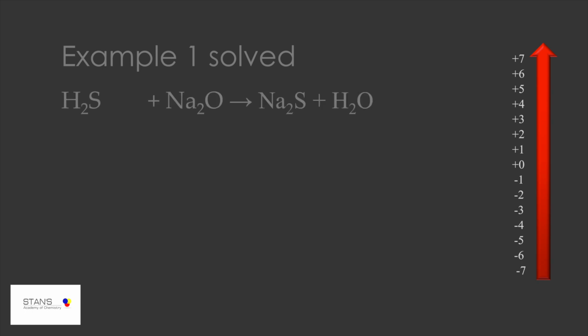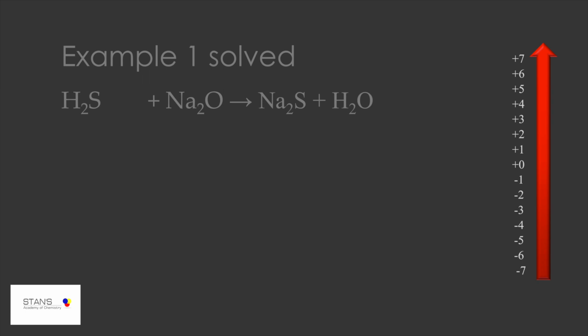For the reaction between hydrogen sulfide and sodium oxide producing sodium sulfide and water, we're going to write the oxidation numbers based on the number of elements that we have. We have 2 hydrogens in hydrogen sulfide, 1 sulfur atom or the sulfide ion. We have 2 sodium atoms and 1 oxide ion on the reactant side.